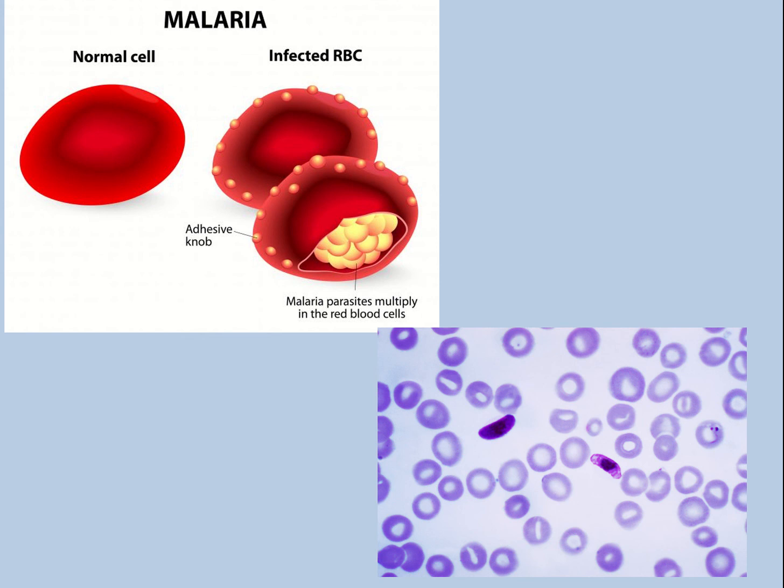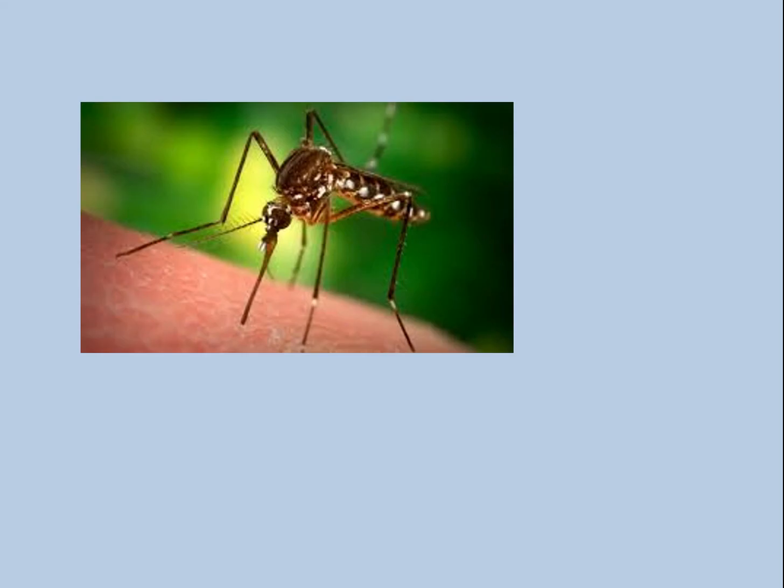They basically spit in your blood, and in their saliva, in their mouthpiece, they're carrying this protozoa, which then gets into your red blood cells and multiplies, which means your red blood cells can't carry oxygen. So you can see here, instead of carrying oxygen, the lovely red blood cell is now packed full of horrible parasites that cause malaria. And that's because of this fella.